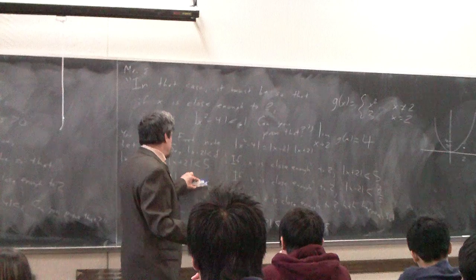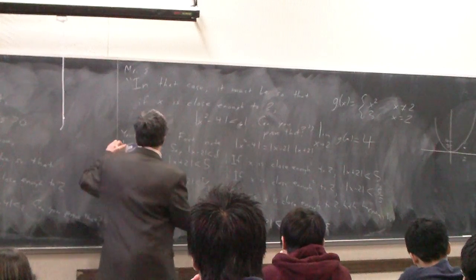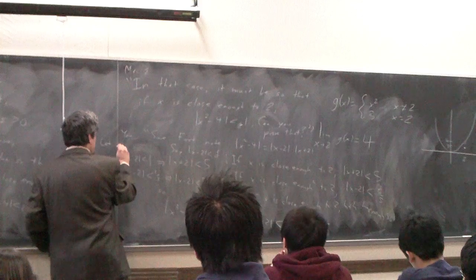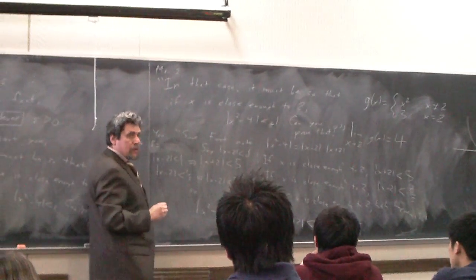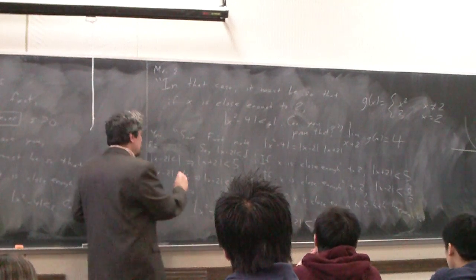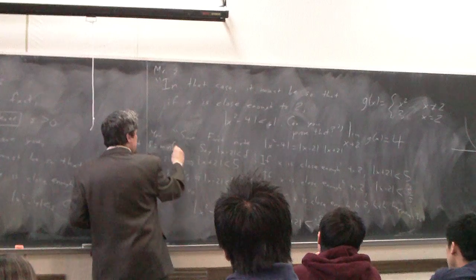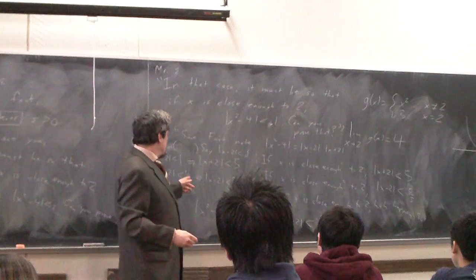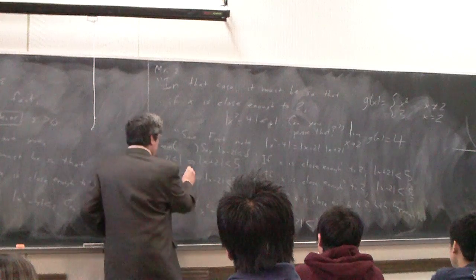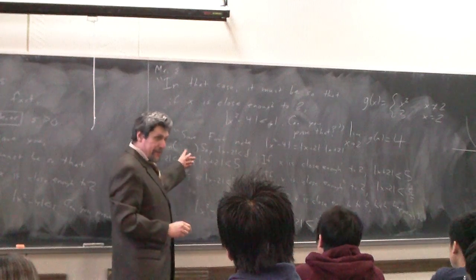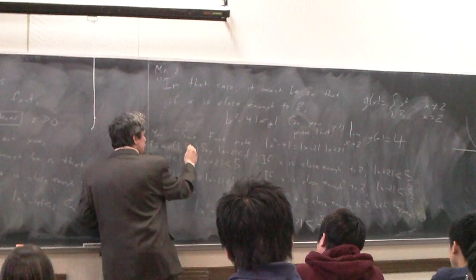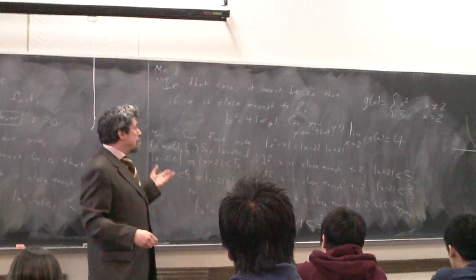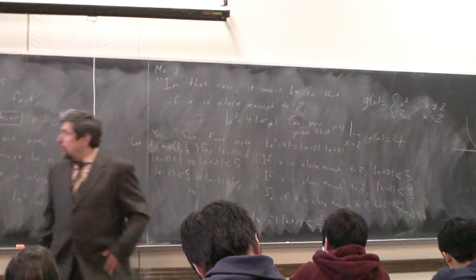Okay, in that case, the only difference is what? I would need to let delta equal the minimum of 1 and epsilon over 2. Okay, so now he says, well, wonderful.